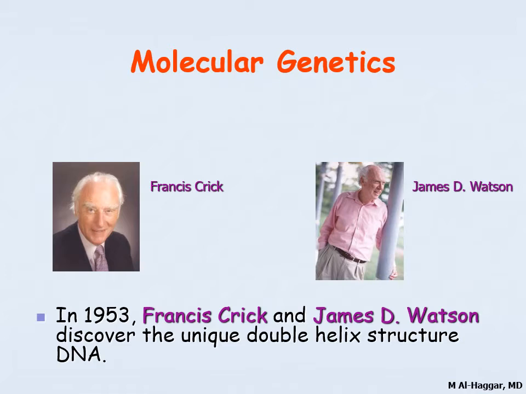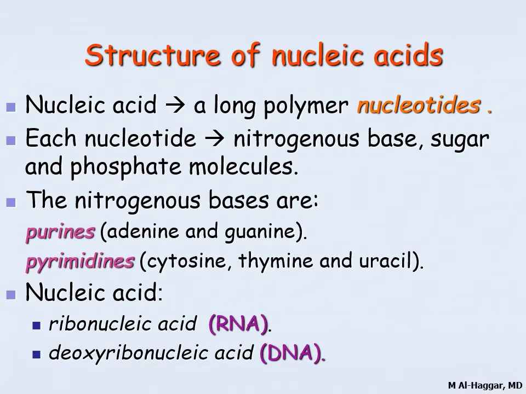Actually, the double helix structure of DNA was first discovered in 1953 by Watson and Crick, and they were awarded the Nobel Prize, shared by halves, for their discovery. They discovered that the DNA is composed of a double helix. The DNA is composed of a basic unit which is called the nucleotide. And this nucleotide is composed of three structures: the sugar, phosphate, and nitrogenous base.